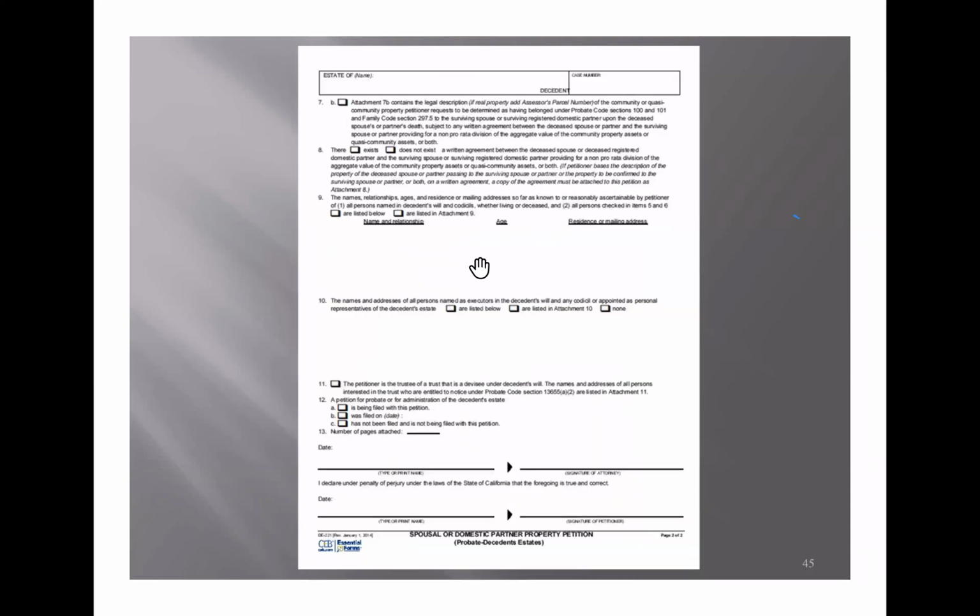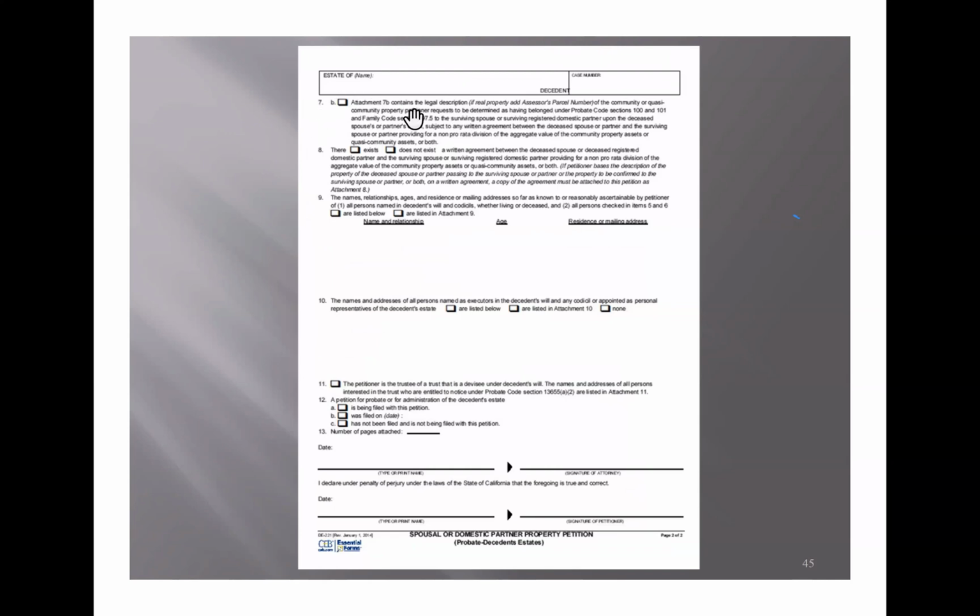And you will put the full legal description, the way it is on the deed, and the APN number. All right. And so that would be 7A or 7B.